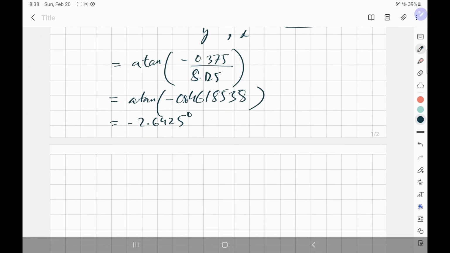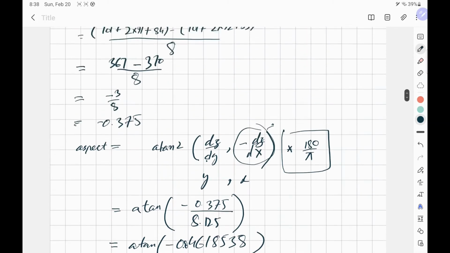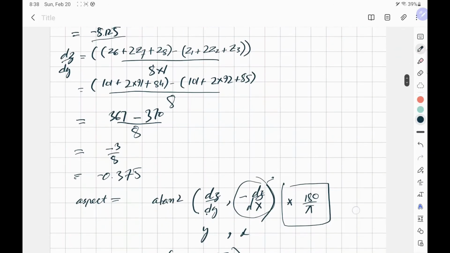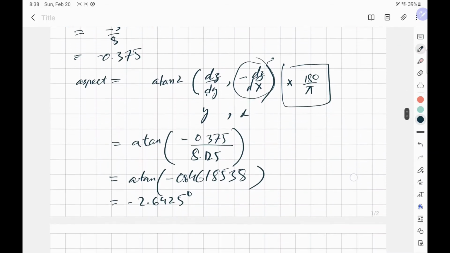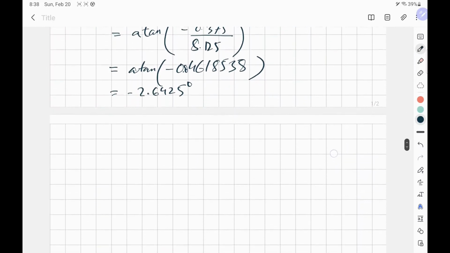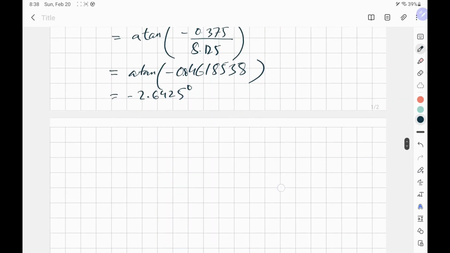Now let us apply the rules of aspect. These rules will be used to convert our angle into a compass angle, which starts from north. The rules are as follows. I have discussed that earlier, but let me write it again here.